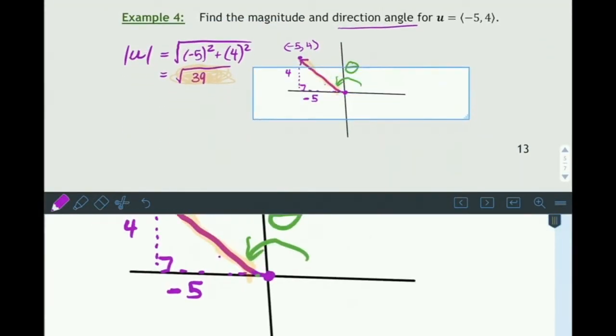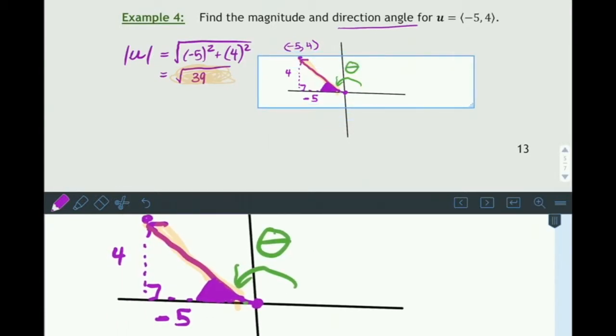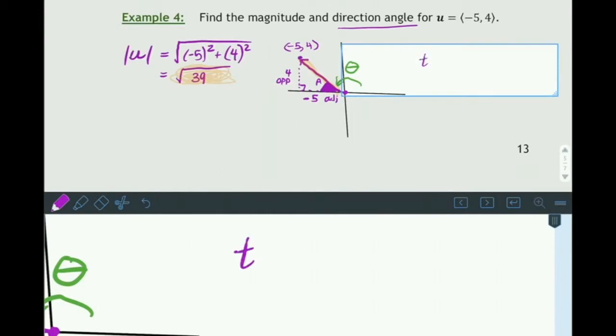I would probably just work with this little triangle that I've got going on here. If I can figure out my reference angle, I can use that to get my direction angle. If you think about this angle, I'll call it angle A, you have the opposite and the adjacent sides. So tangent of angle A is going to be 4 over -5.